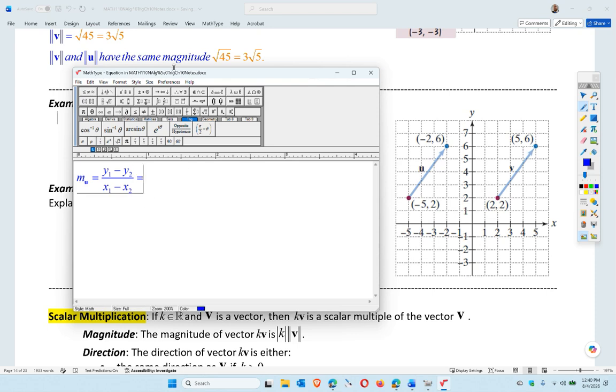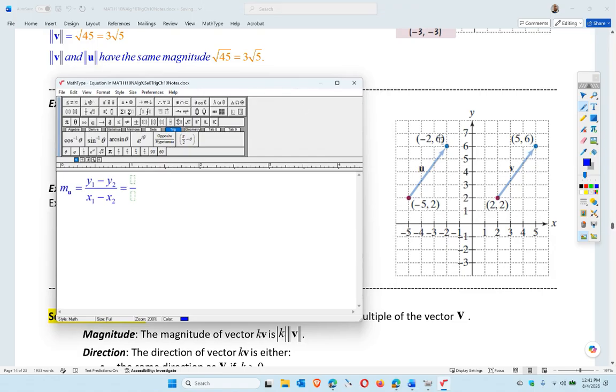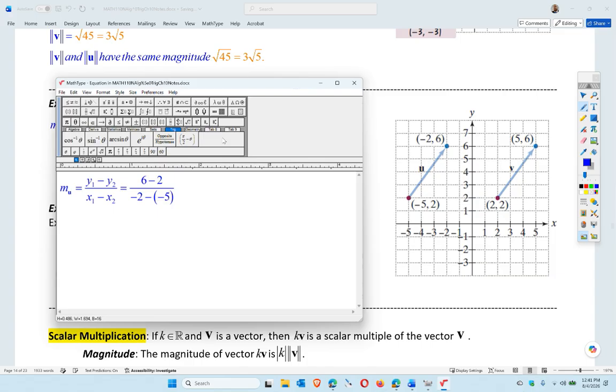Good old high school slope, right? So we do our y values: 6 minus 2, and our x values are negative 2 minus negative 5. So that's going to give us a fractional value of 4/3 as our direction.